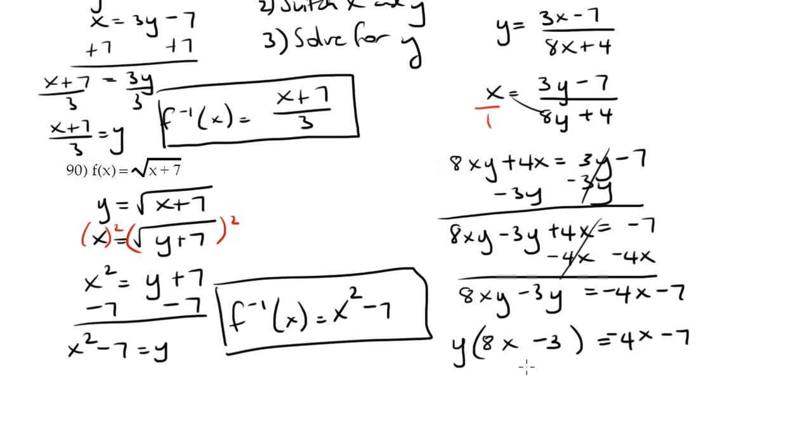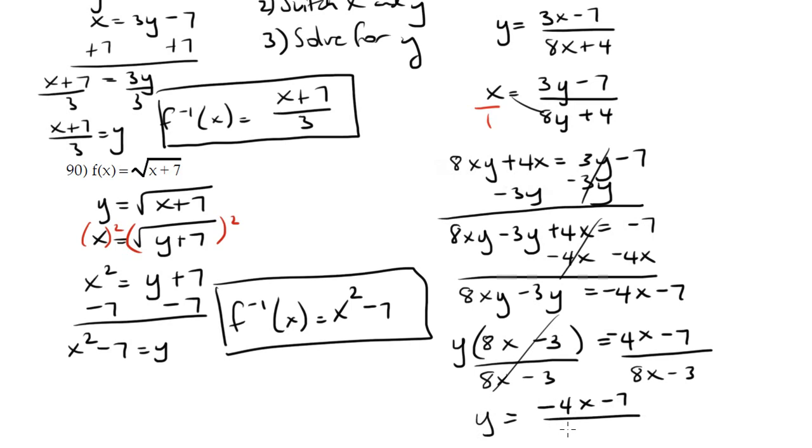Now, since this is y times 8x minus 3 and I'm solving for y, I'm going to divide by 8x minus 3. So y equals negative 4x minus 7 over 8x minus 3. That's my inverse.